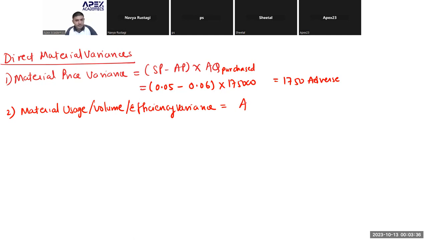Standard quantity minus actual quantity, multiplied by standard price. Tell me what is the standard price. You don't need to go to the next slide. It's on this slide only. How much is the standard price? 0.05. Perfect answer.